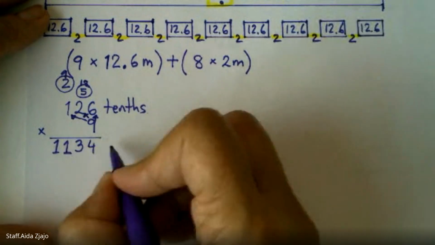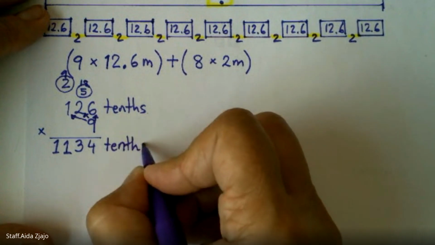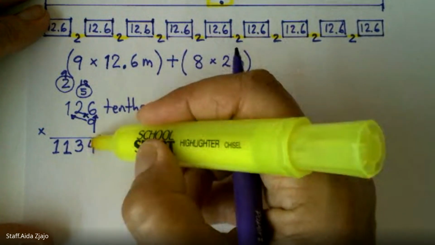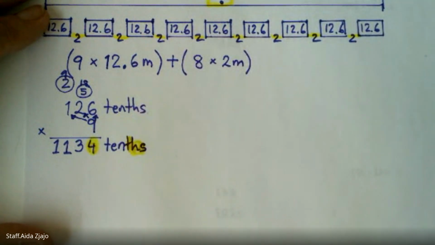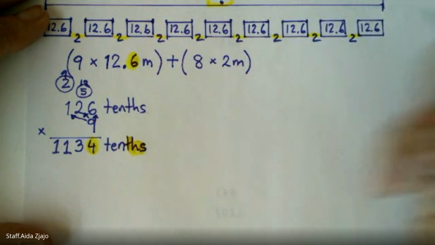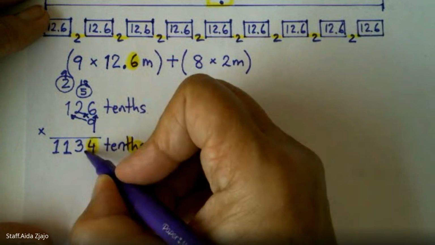So I have that many tenths. Now all I need to do is change these tenths, and tenths represents only one place value after the decimal. So the decimal has to be here.